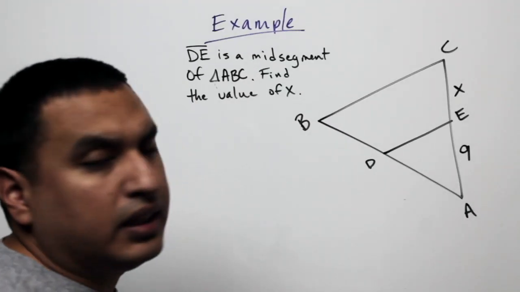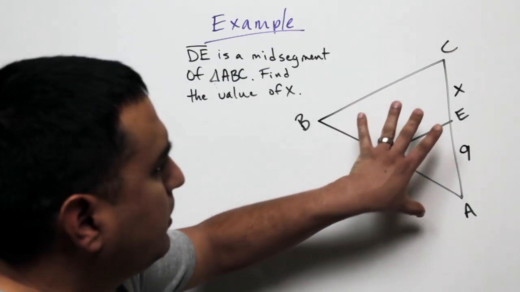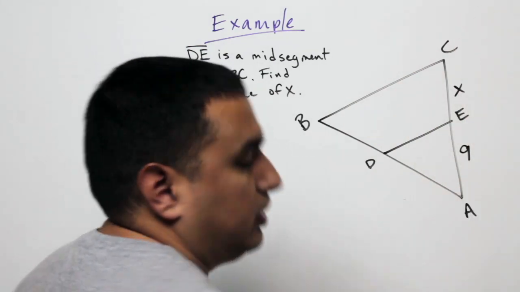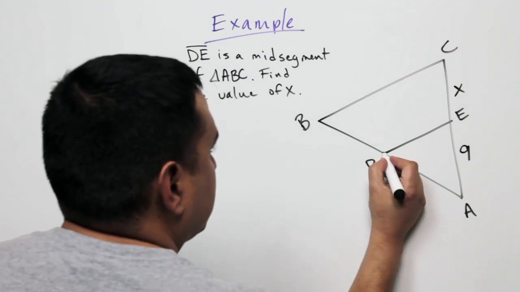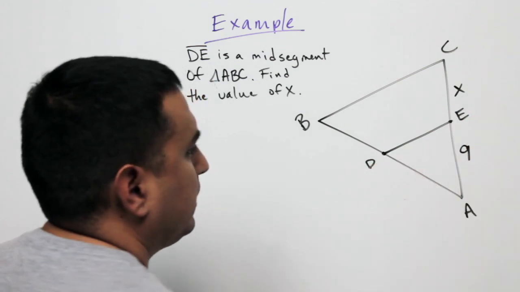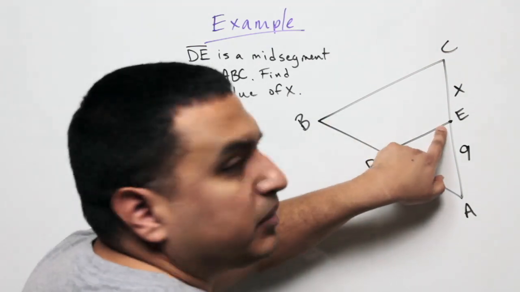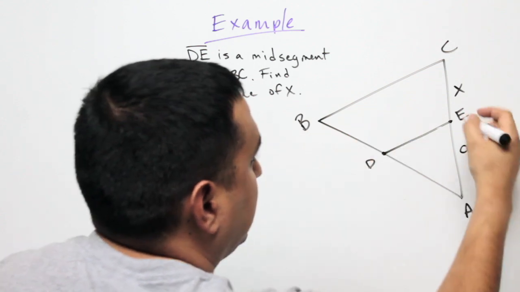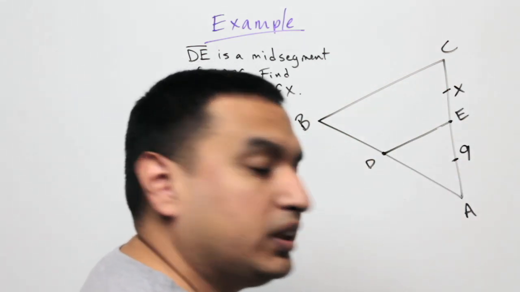Alright, another way that you're going to use the midsegment theorem is if you notice that in this diagram, the values are on the sides. You do know that it's a midsegment, and what you need to know is how these points, D and E, are made. Since it's a midsegment, that means E is the midpoint of AC, and since it's the midpoint, I know that CE and AE, those two lengths, are equal.